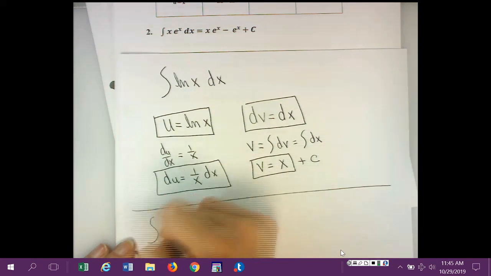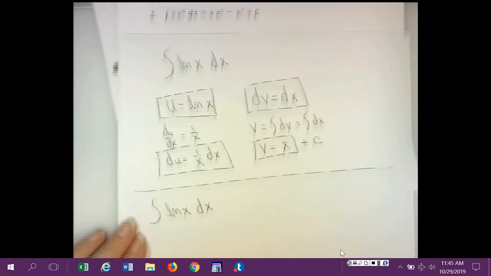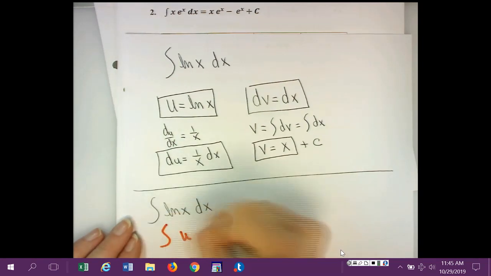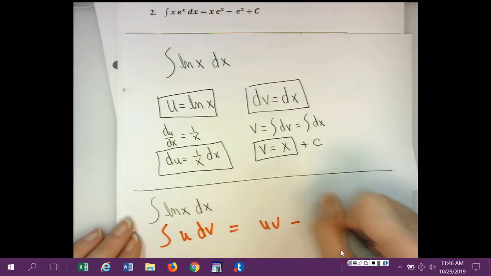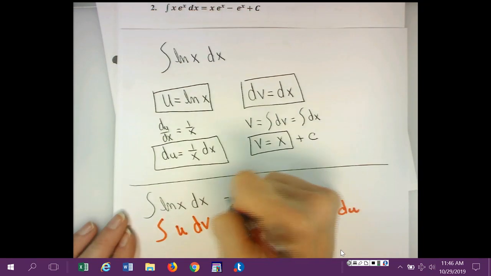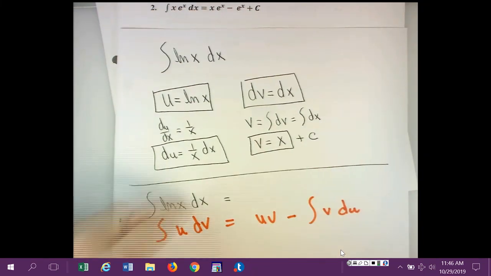Original problem. This side is my u dv. So u is natural log of x, dv is equal to dx, as in the boxes above.